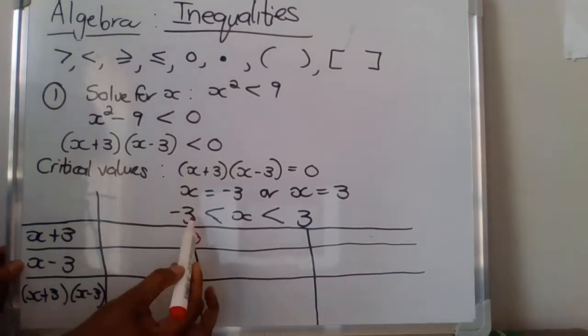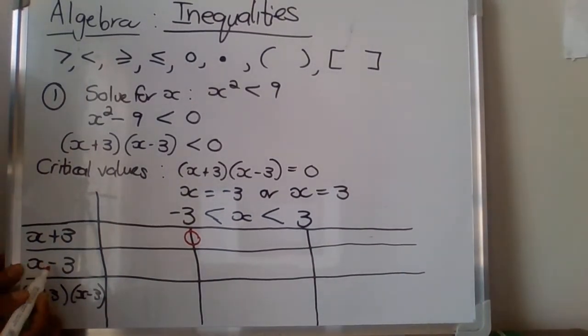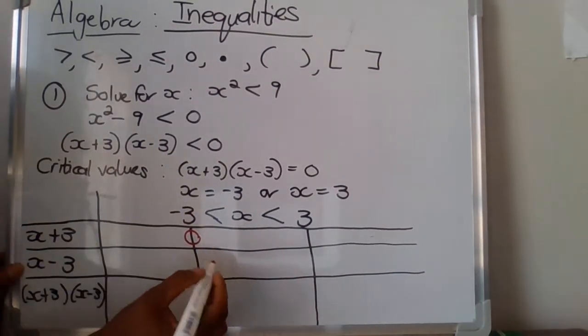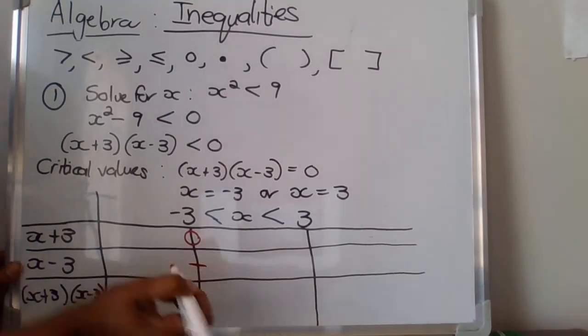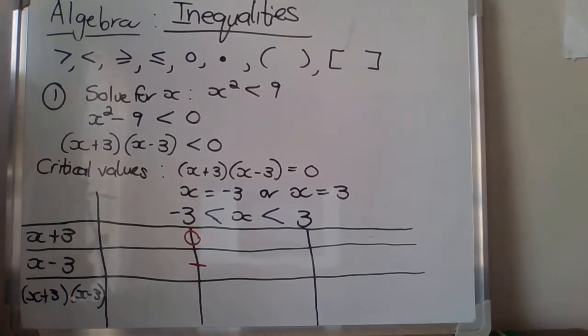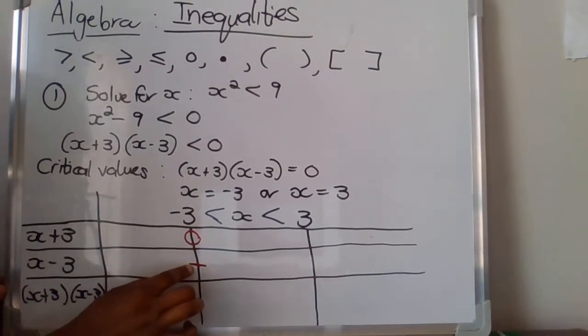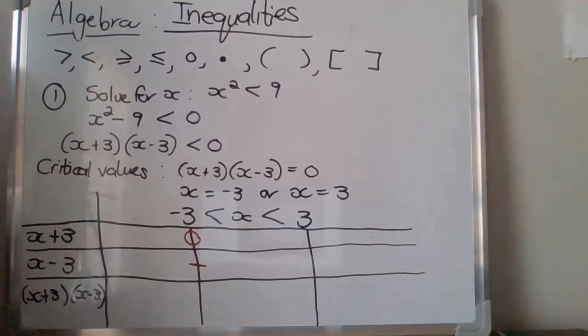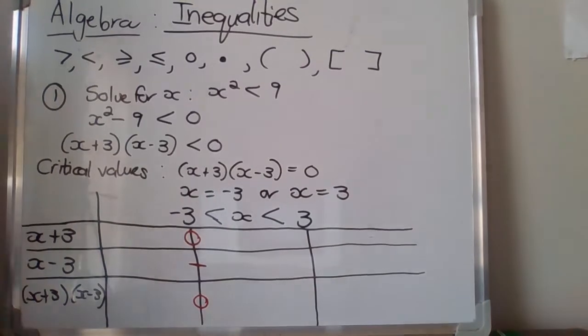When x is equal to minus 3 and I put it in here, I get minus 3 minus 3, which gives me minus 6. So this tells me that this value over here is negative. Now when I have 0 multiplied by a negative, what do I get? I still get 0.